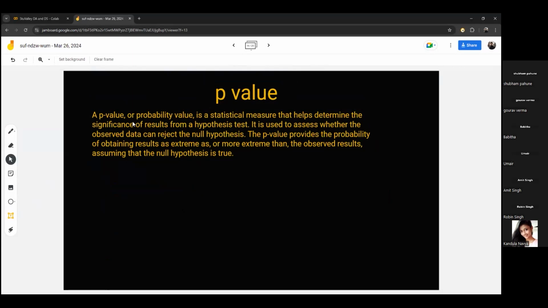So p value, or probability value, is a statistical measure that helps to determine the significance of the results from a hypothesis test. It is used to assess whether the observed data can reject the null hypothesis. The p-value provides the probability of obtaining a result as extreme as or more extreme than the observed result, assuming that the null hypothesis is true.